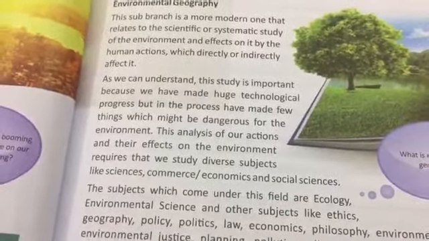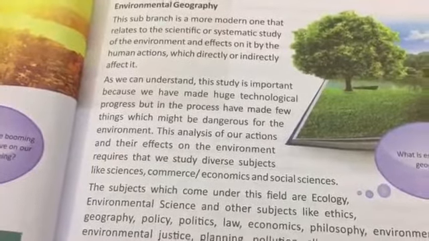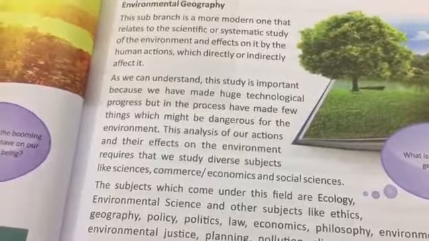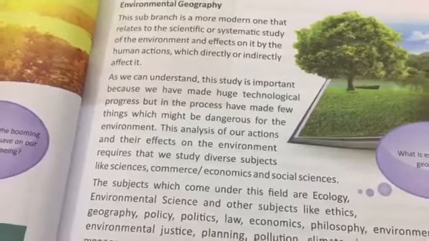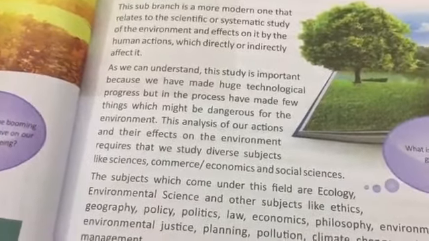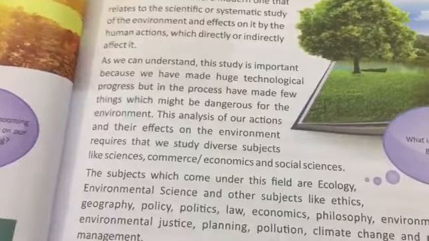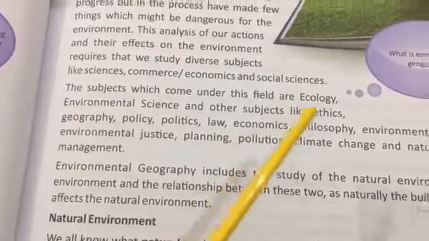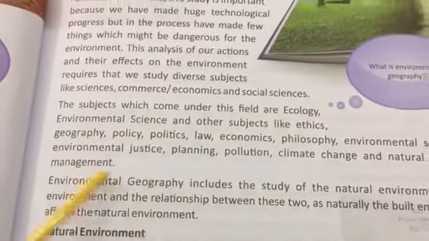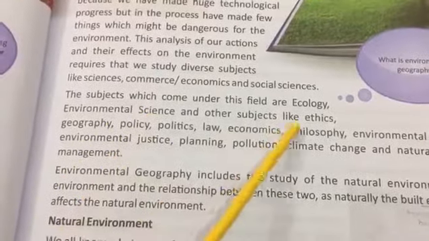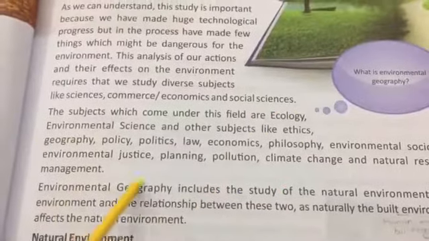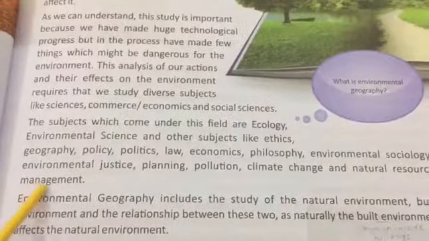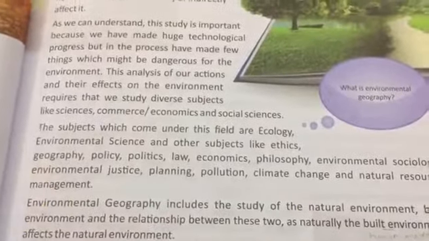We will be able to find the technology that can help us in securing the nature as it is. Then the subjects which come under this field are ecology, environmental science, and other subjects like ethics, geography, policy, politics, law. These all are the subjects that are studied in environmental geography.